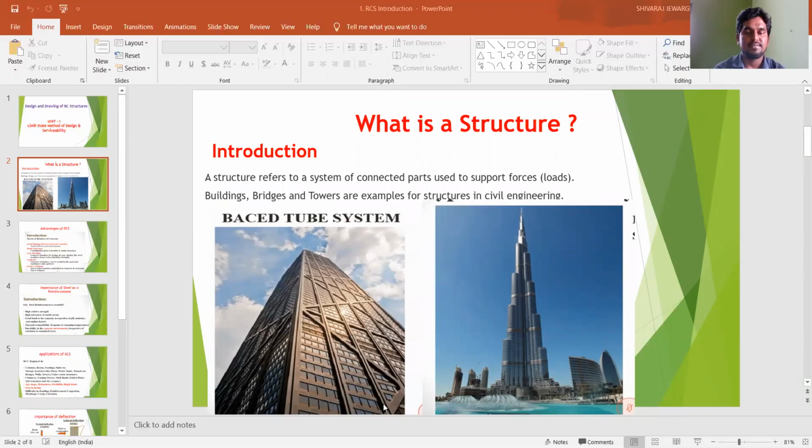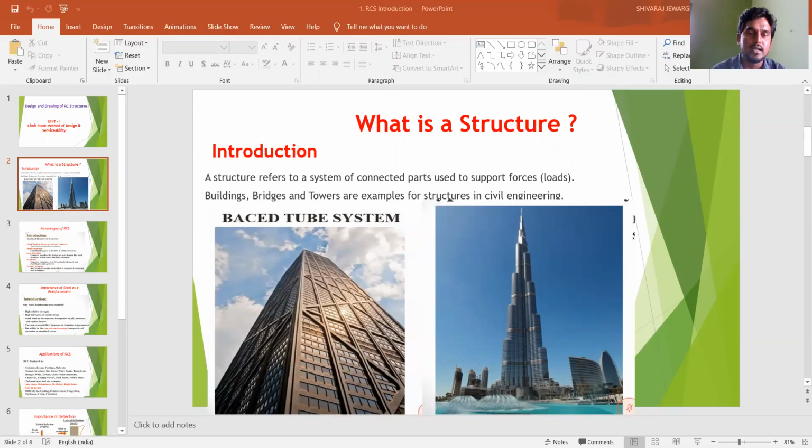See, a structure refers to a system of connected parts used to support loads or forces. Examples of structures are buildings, bridges, and towers. These are all examples of structures in civil engineering.